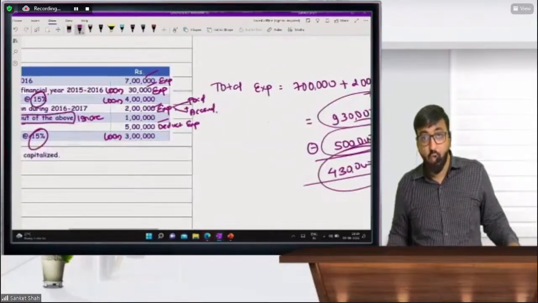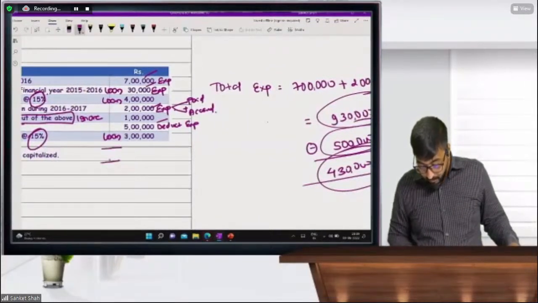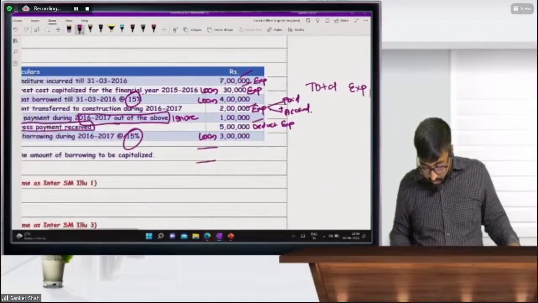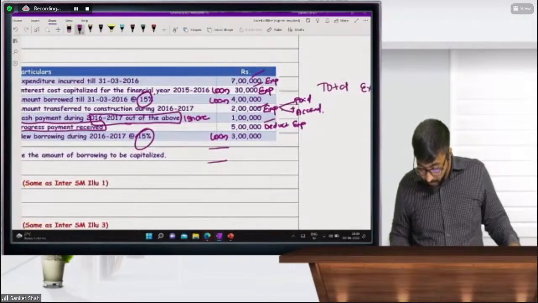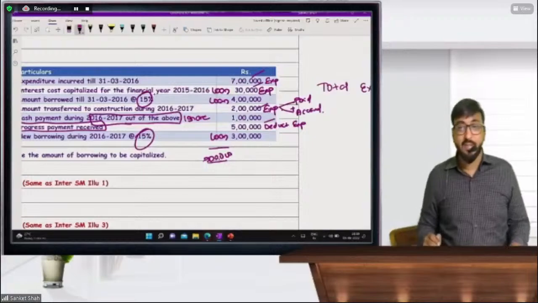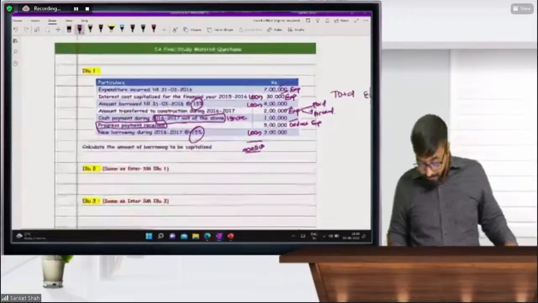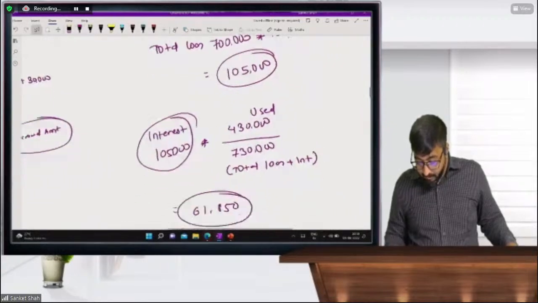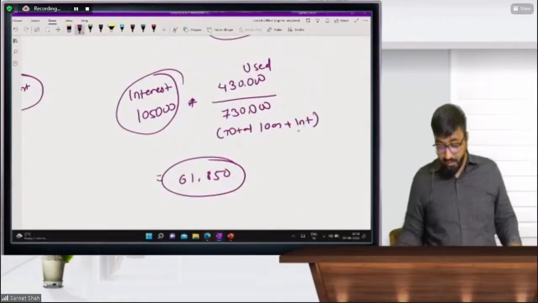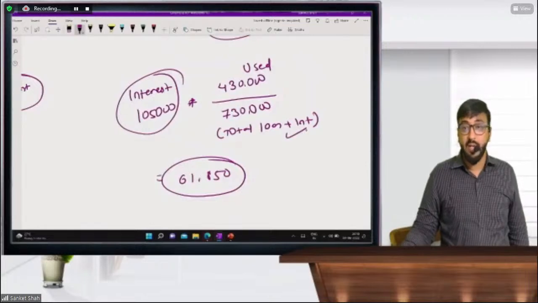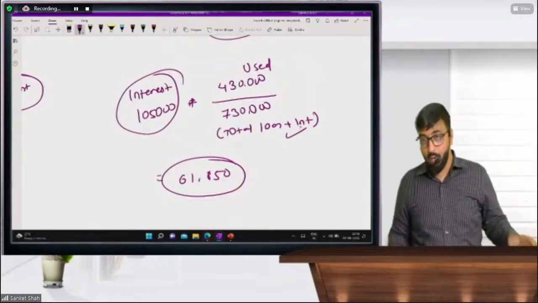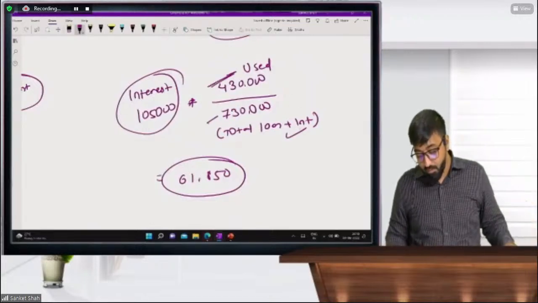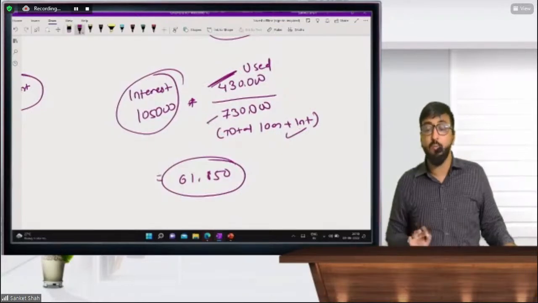But I have taken a loan of total 7 lakhs, sorry, loan is 4 lakhs plus 3 lakhs. 7 lakhs is a loan on which 15% is the interest. 15% means 1 lakh 5,000 is my interest. But total loan including interest, we will assume that interest is not yet paid, so it is accumulated in loan amount. So 7 lakh 30,000. And from that, my usage is only 4 lakh 30,000.